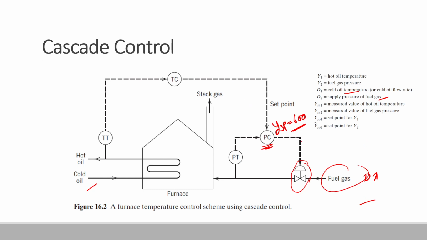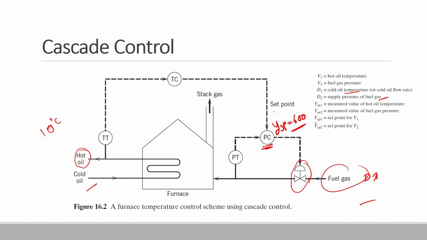So what the system will do is, given the changes in this hot oil temperature or the set point, the temperature controller will provide a set point to this pressure controller. Corresponding to, let's say, a rise of 10 degrees Celsius, it will say that in order to increase the temperature by 10 degrees Celsius, you need to increase the flow rate by, let's say, 20 meter cube.